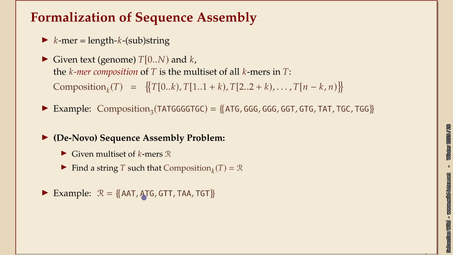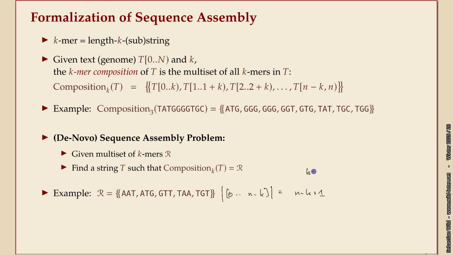So here's a 3-mer composition of some text. I'm going to give you a hint. The number of k-mers is 5. So if I want 5 things in here, there's 0 up to n minus k, and n minus k is included. So the number of k-mers I should have is always n minus k plus 1.